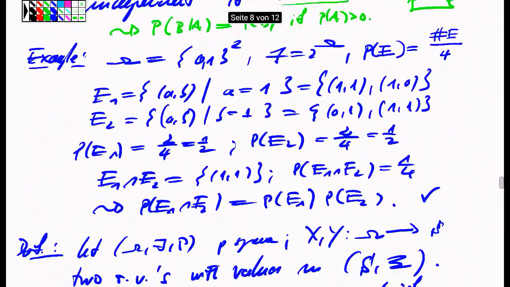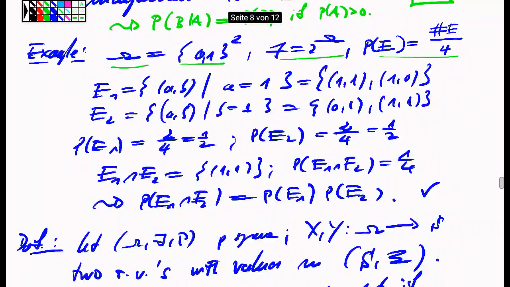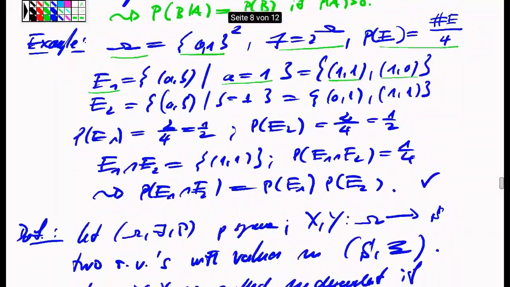Let us give a standard example for such an independence, namely we deal with the probability space describing the twofold toss of a fair coin, which is described by the probability space of binary tuples, equipped with the power set as sigma field and the uniform distribution. Then we can talk about the event E1, for instance, of success in the first toss, which is comprised of the two tuples (1,1) and (1,0).